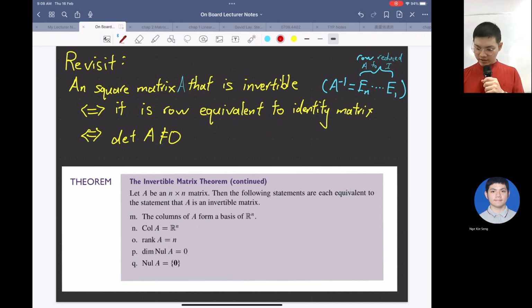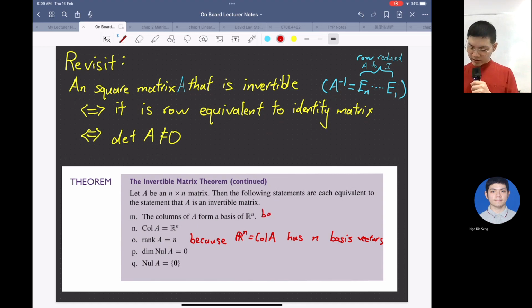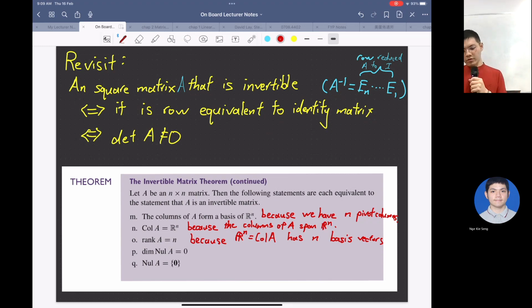So let me write something because Rn or Col A has n basis vectors, because you have n pivot columns. The columns of A and Rn.